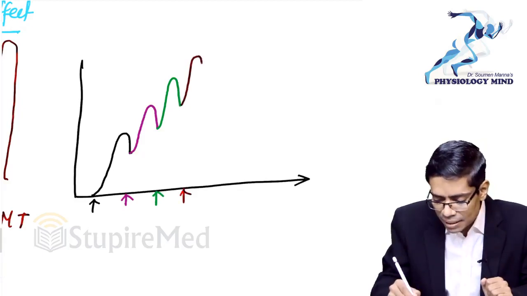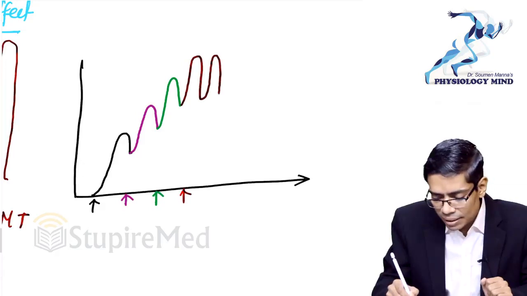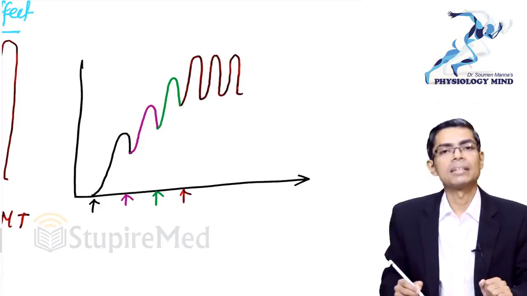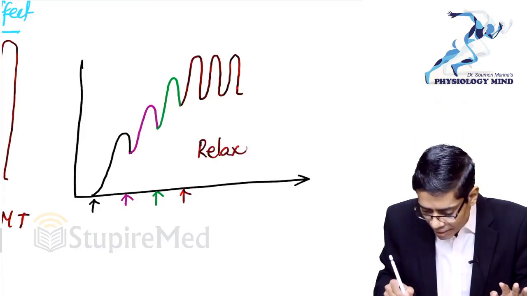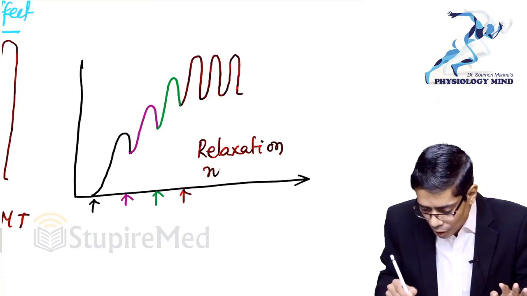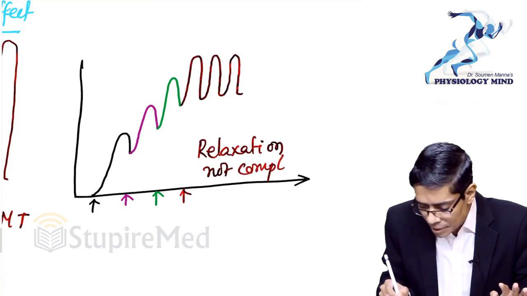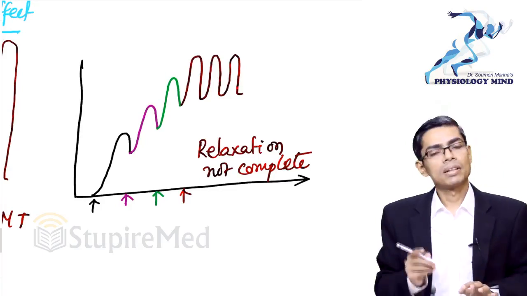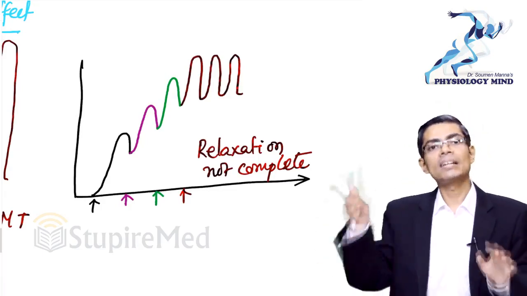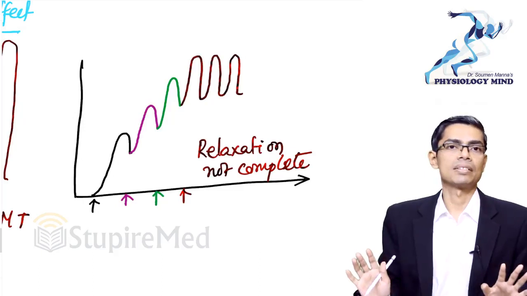So again the height is increasing, but here the relaxation is not complete. Previously we have seen that the second or third stimulus was falling at the end of complete relaxation. Now relaxation is not complete.